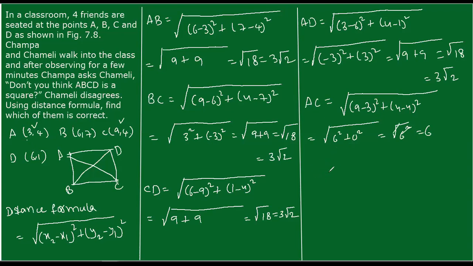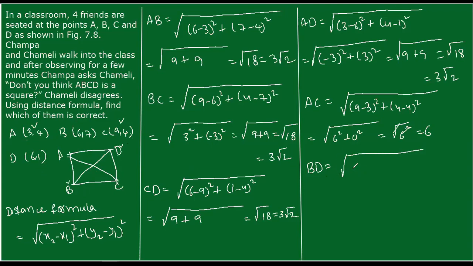Now the BD diagonal. In BD diagonal, B and D are the two points. What is B point? 6 comma 7, and D is 6 comma 1. So here B becomes x1 y1 and D becomes x2 y2.